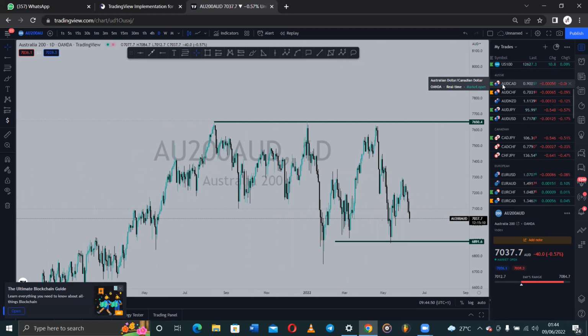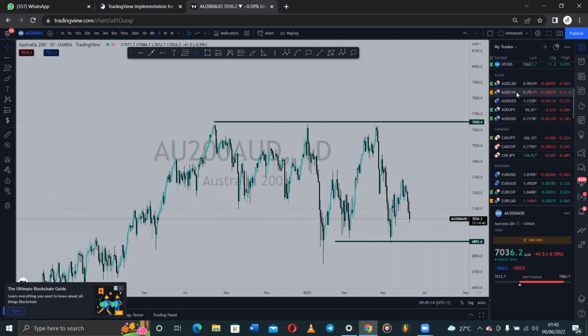But let us bear in mind we have to check CAD strength too, to see if CAD is the currency that we should pair with AUD. If CAD is strong, the movement will be very slow. So we just need to look for a particular currency that is very weak compared to AUD, so that the movement can be very obvious on that pair.